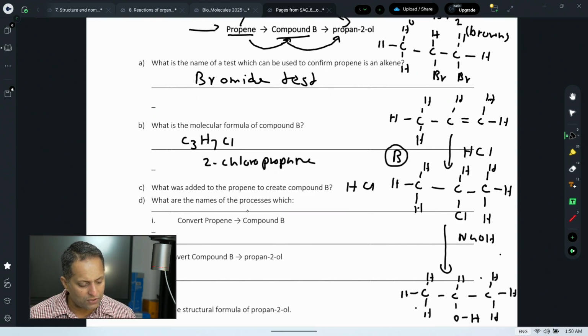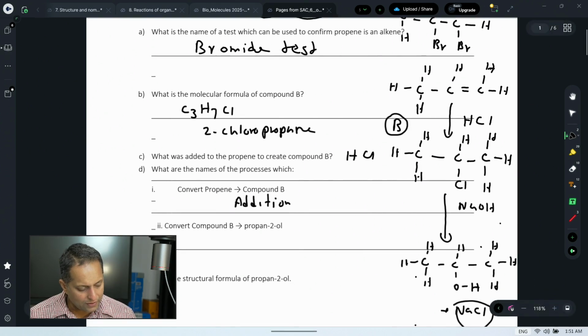What is the name of the process which converts propene to compound B? It is an addition reaction. Then the next one, compound B to compound C, that's simple: substitution.